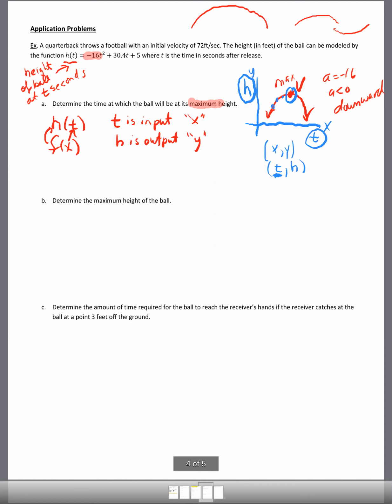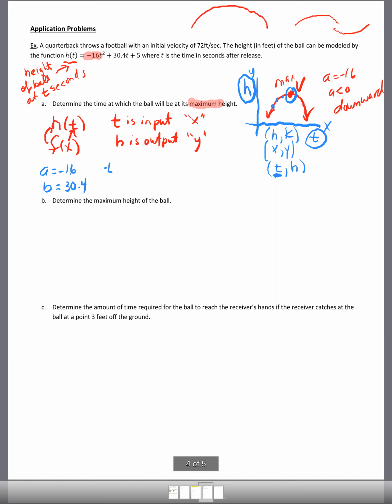So we can go to our function here, and we can notice that this is in standard form. So we've been given that a is -16, b is 30.4, and so to find what used to be called the h for the vertex and the k for the vertex, we now are looking for what is time, what is t.